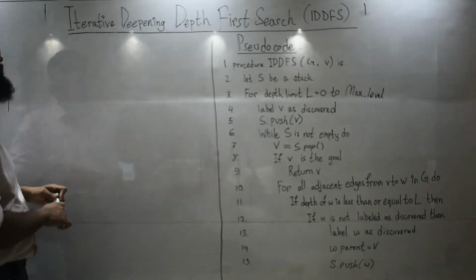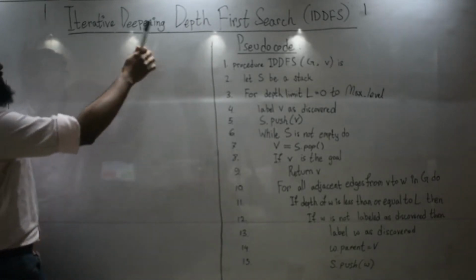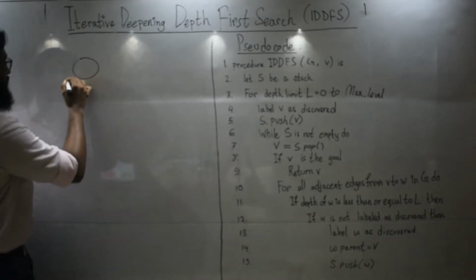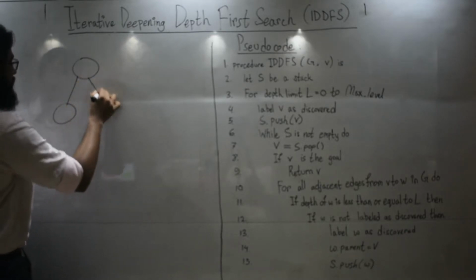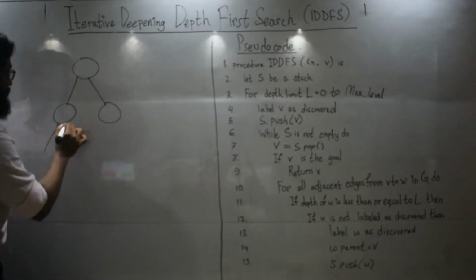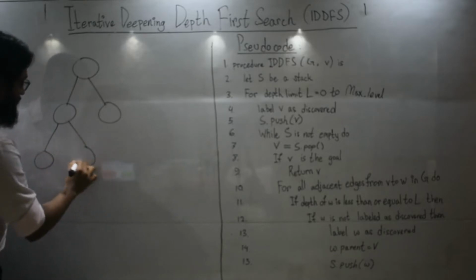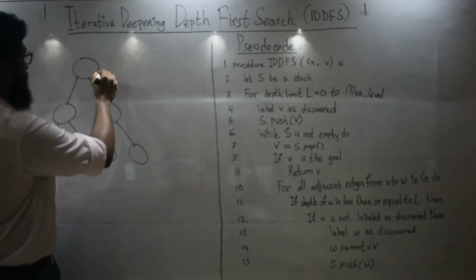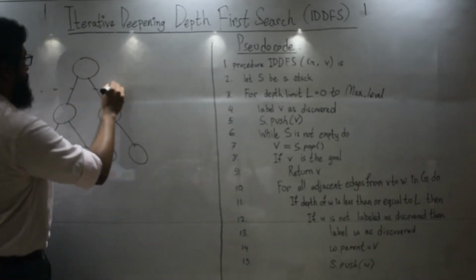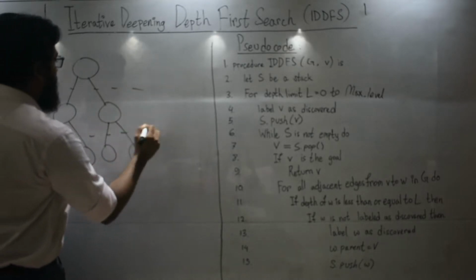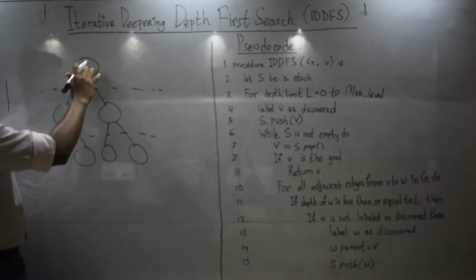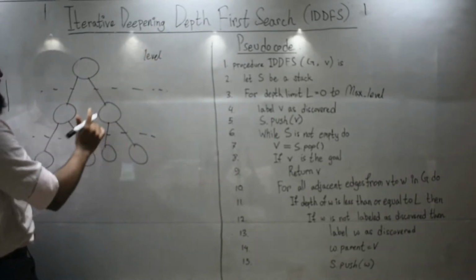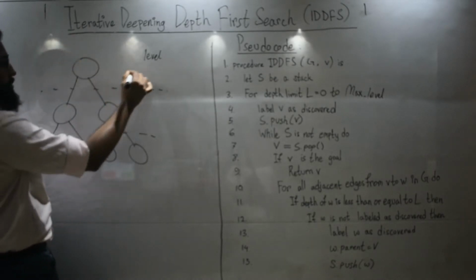Okay, so what is Iterative Deepening Depth First Search? So let's see. If you have a search space of, say, these nodes and edges, and this is typically a tree, notice that they are in different levels. So if you want to consider the levels of these nodes, consider this is the root node.